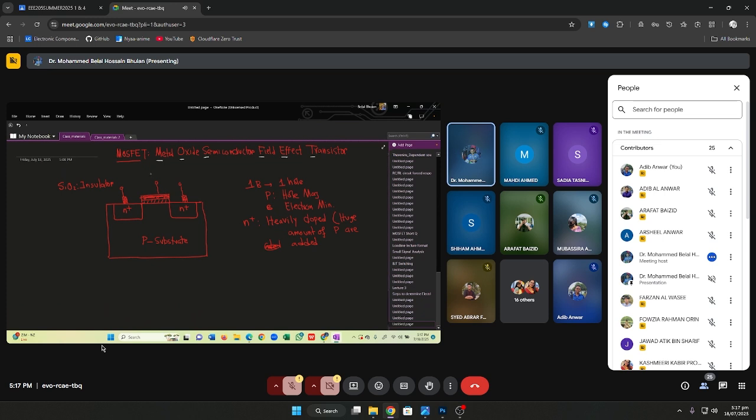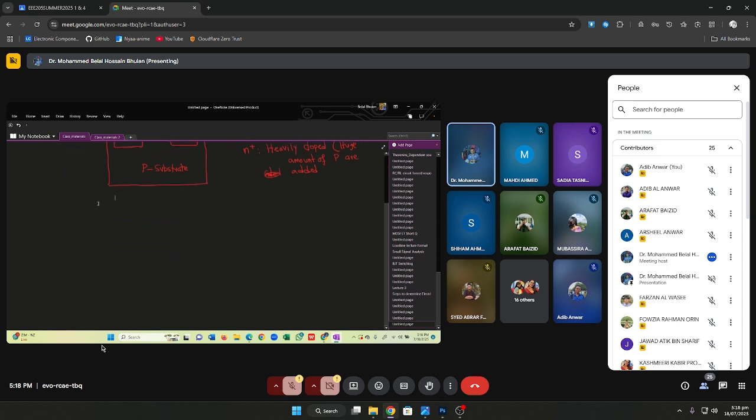So, insulator, let's say silicon, that is our metal layer. All right, so that is the device. These 3 terminals are the 3 terminals of the device.